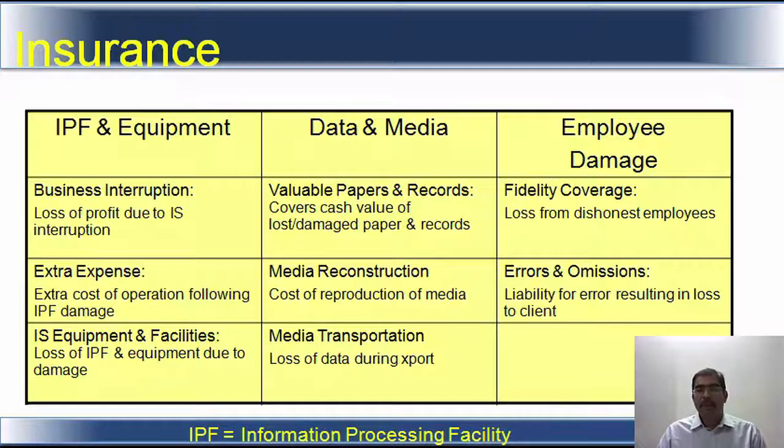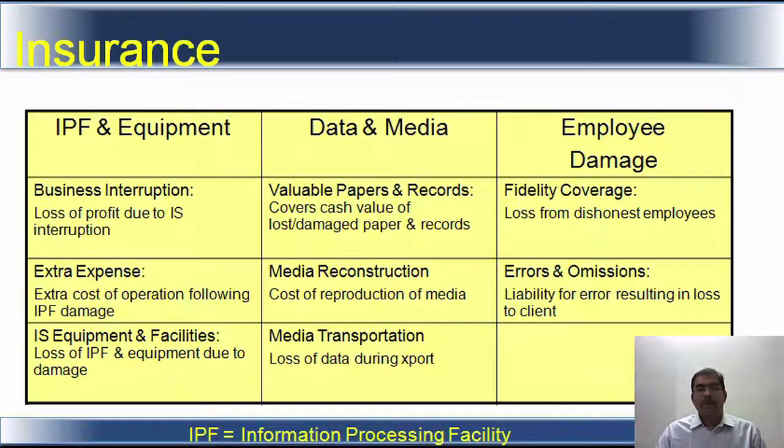I'm not so sure whether it has been implemented in India itself, because you need to arrive at the value of data before you can quantify that this is my value of the data. So if you look at this, IPF and equipment, business interruption: loss of profit due to information systems interruption. Extra expense: extra cost of operations following information processing facility damage.